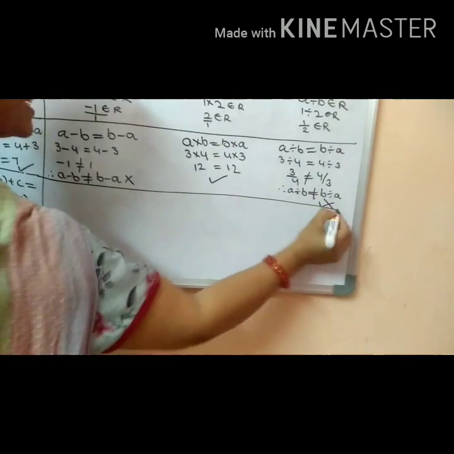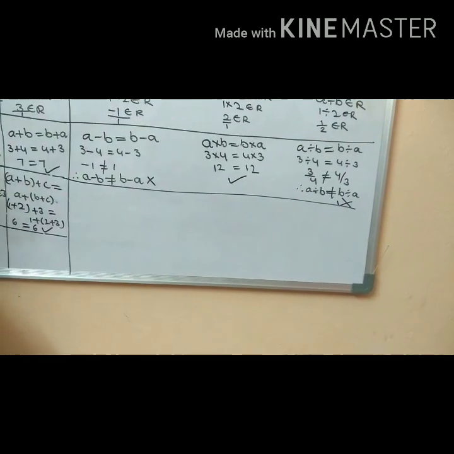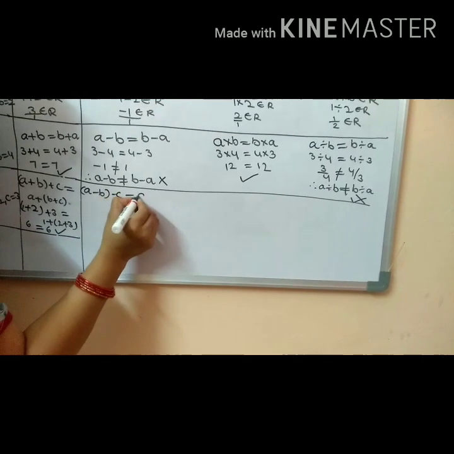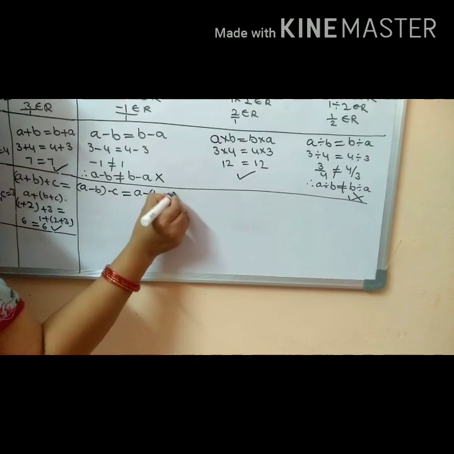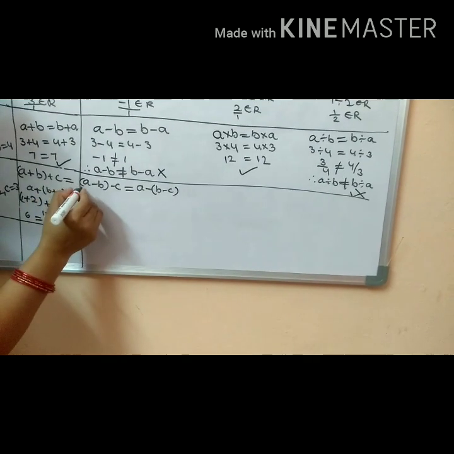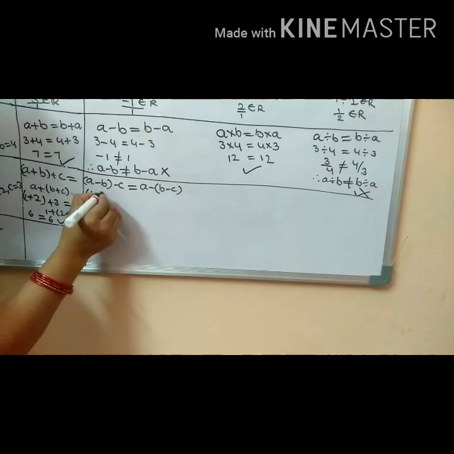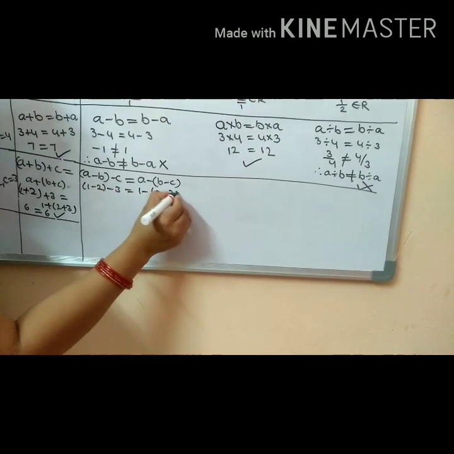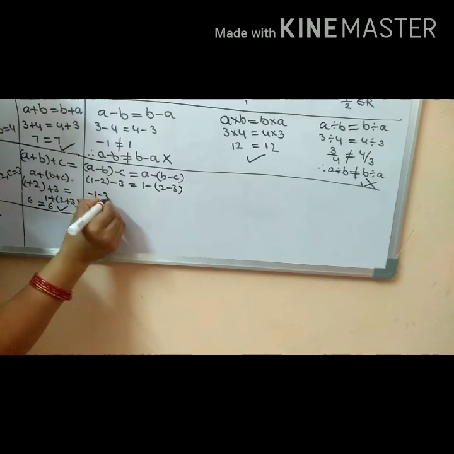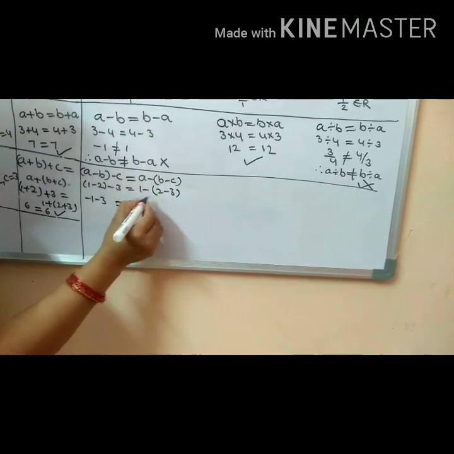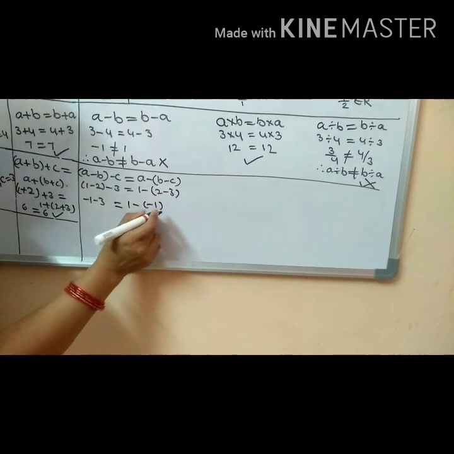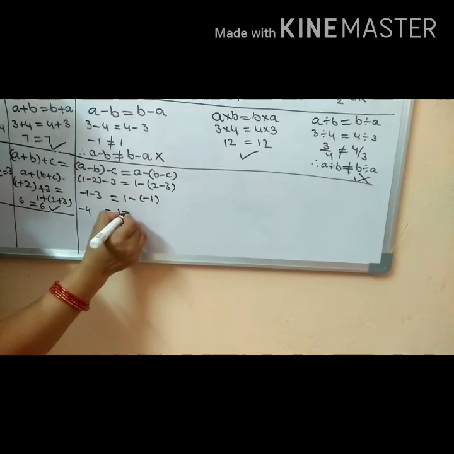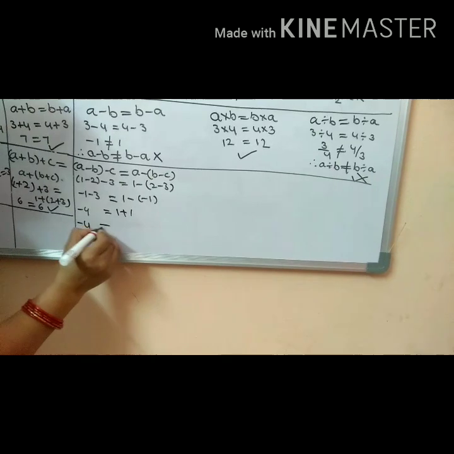Okay children, next case is subtraction. What is that? A minus B minus C equal to A minus B minus C. In this case, A minus B, 1 minus 2 minus 3 equal to 1 minus 2 minus 3. 1 minus 2 is minus 1, minus 1 minus 3 is minus 4, equal to 1 minus of minus 1. 2 minus 3 means minus 1, so 1 minus into minus is plus, so 1 plus 1 is 2. So minus 4 equal to 2.